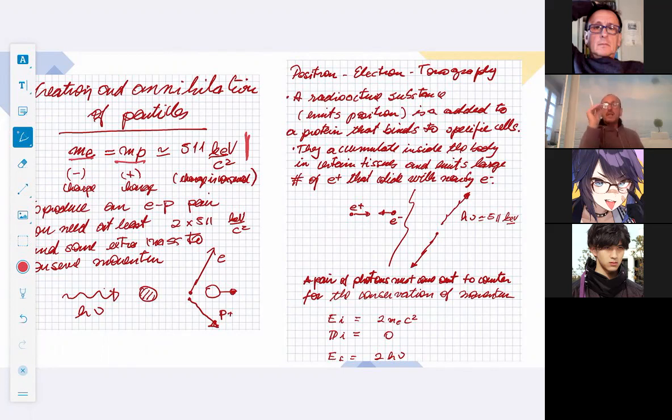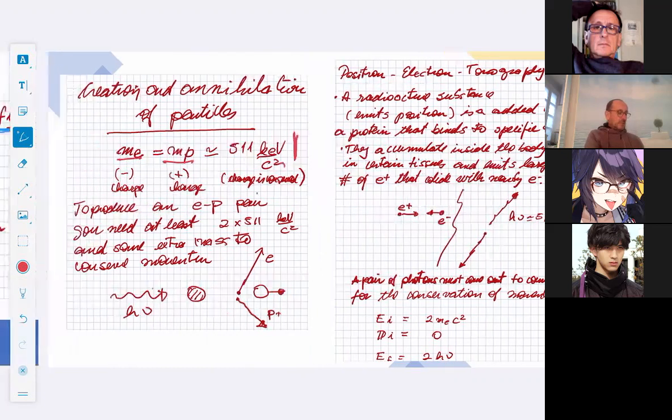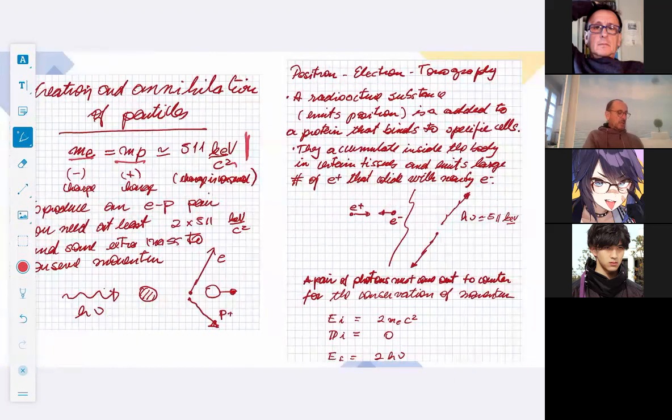Because m times c squared is the rest energy. The rest energy divided by c squared is a unit of mass, which can be transformed into kilograms or grams, but it's a practical way of dealing with that.